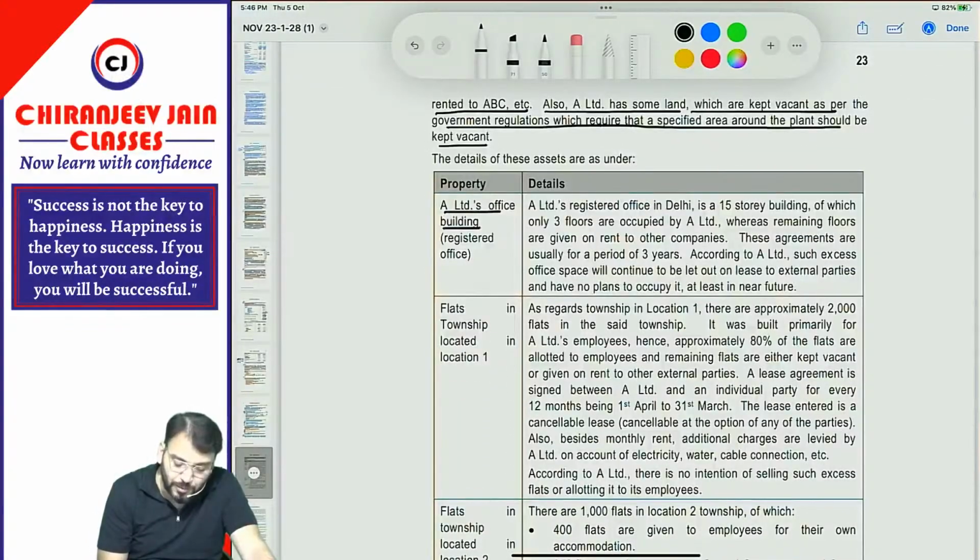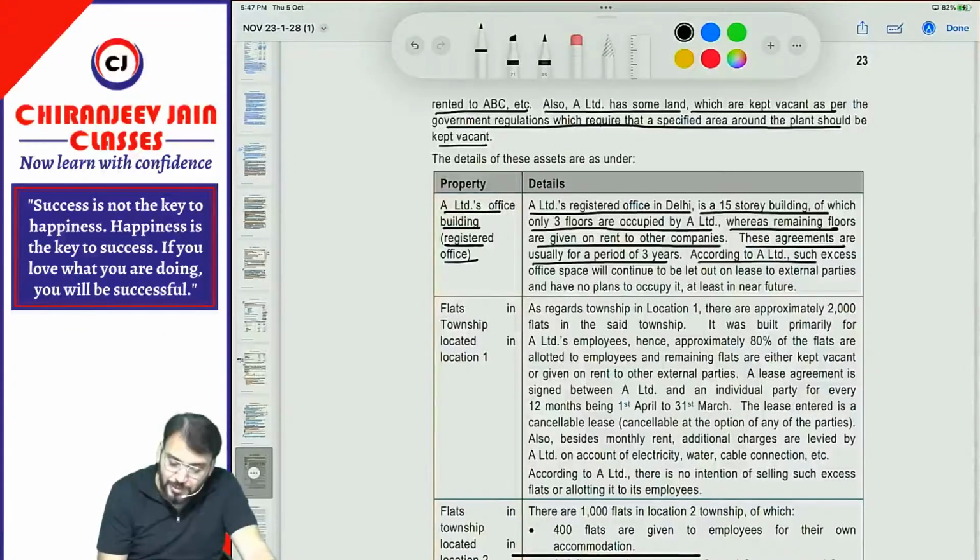A Limited office building, registered office. A Limited's registered office in Delhi is a 15-story building of which only 3 floors are occupied by A Limited. So 3 floors will be property, plant and equipment, whereas the remaining floors are given on rent to other companies. These agreements are usually for a period of 3 years.